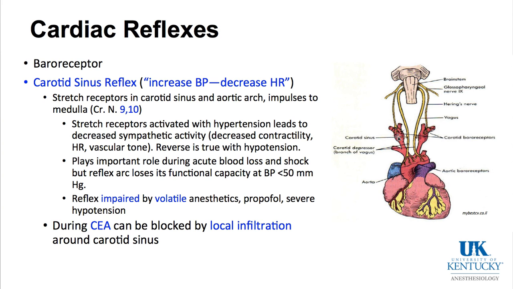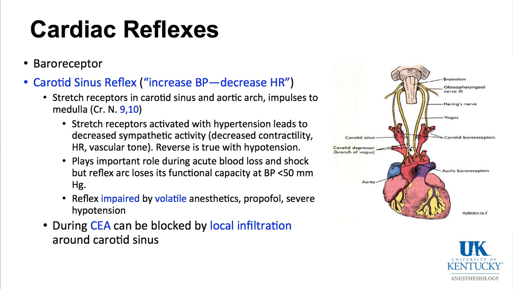It senses this increased blood pressure by stretching the receptors in the carotid sinus, also in the aortic arch, and impulses go to the medulla via cranial nerve 9, the glossopharyngeal, and then back via cranial nerve 10, the vagus, to the heart, causing a slowing of the heart rate.